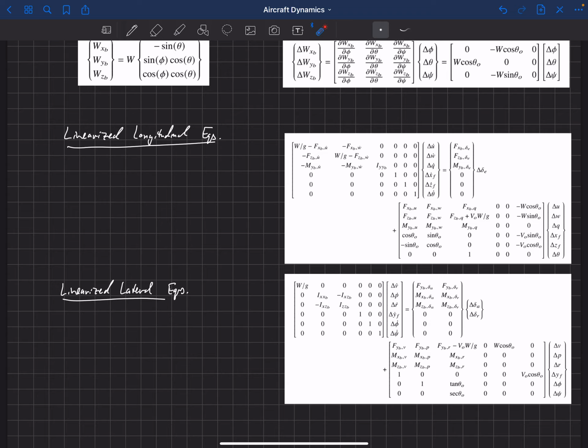We're now going to look at how we evaluate each of these derivatives and relate them to things that we know about the aircraft. Then we'll plug those in and get our final system of linearized equations that we can look at in a dynamic sense.